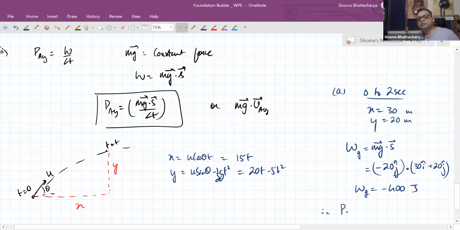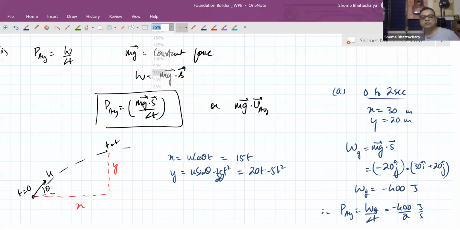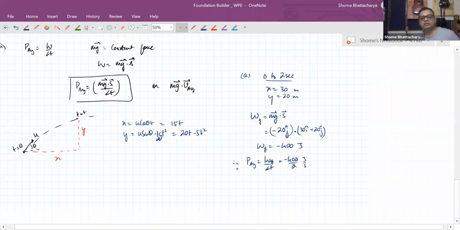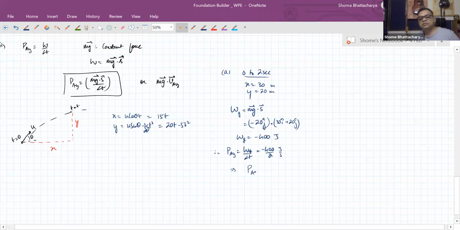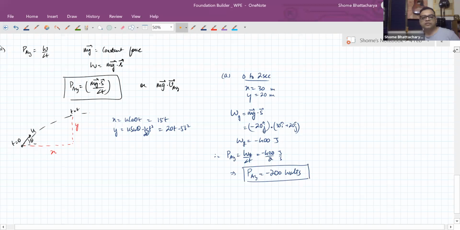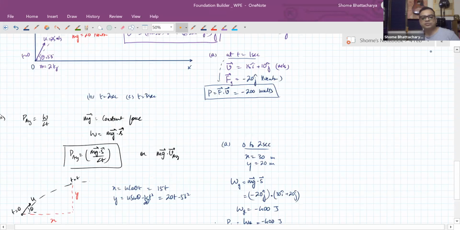So the average power will reduce to minus 200 watts. So this is the A part of this one. Yeah, I forgot we have to also work out the B and C part of this.